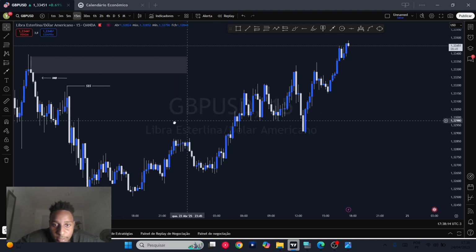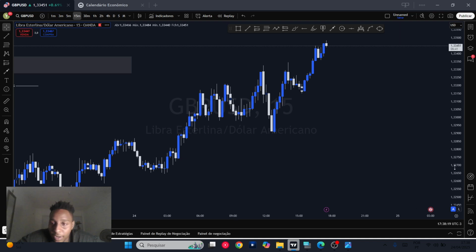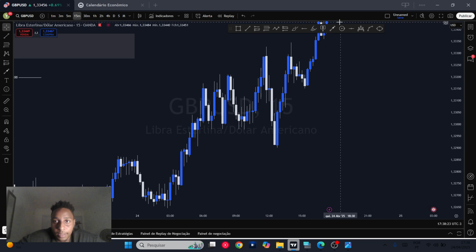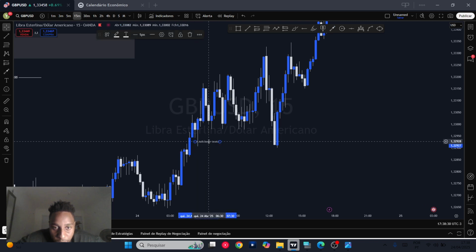So guys, understand something. We are bullish. So if you are bullish, where are the spots where we most likely had imbalances? We had an imbalance here, despite this being a little bit mitigated, but it's still valid. We had an imbalance right here.